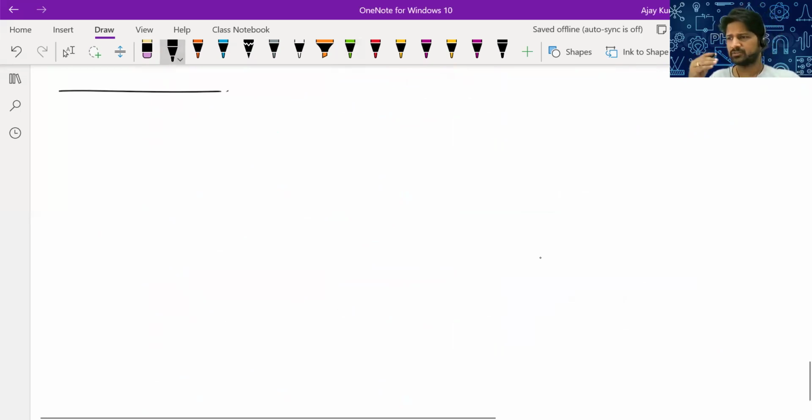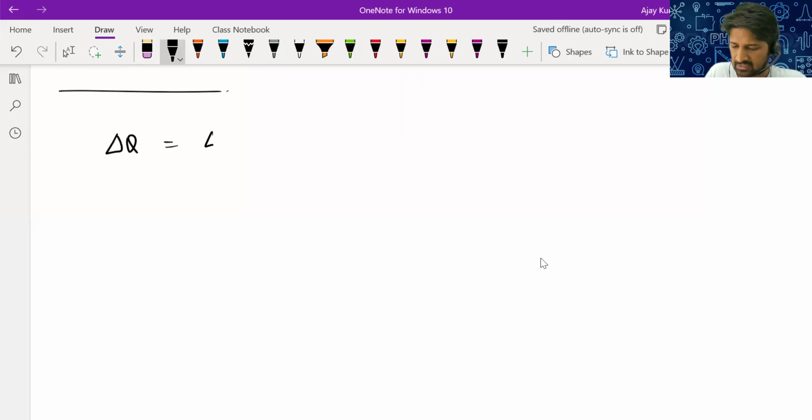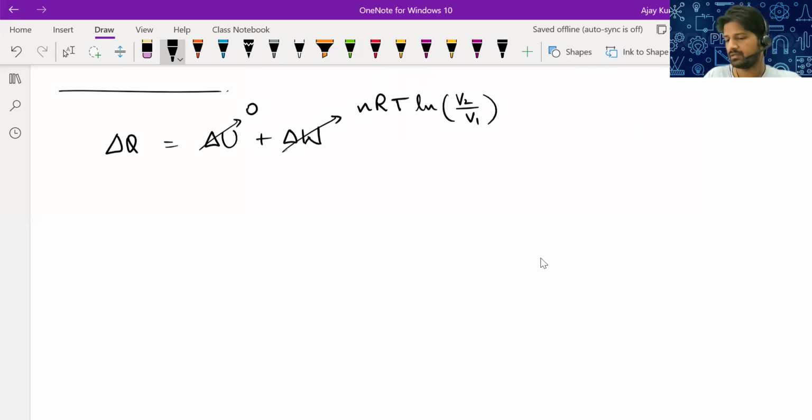Right. So we got expressions for delta U, we got expression for delta W. And if you know delta U and delta W, from the first law of thermodynamics, the way we write it in physics is like this: delta Q equals delta U plus delta W, where delta W stands for work done by the gas. We know that delta U is 0, and we know that delta W is nRT ln V final by V initial. Then that itself will be the heat supplied as well.